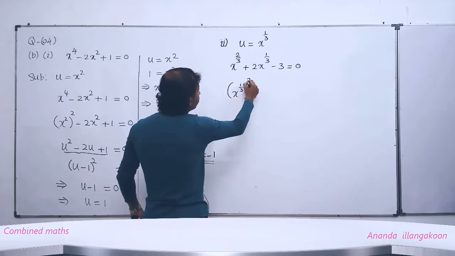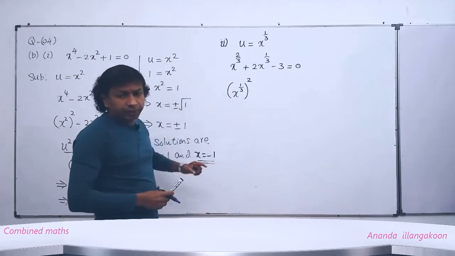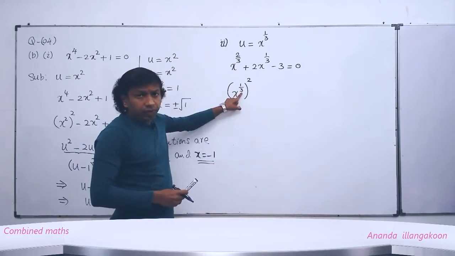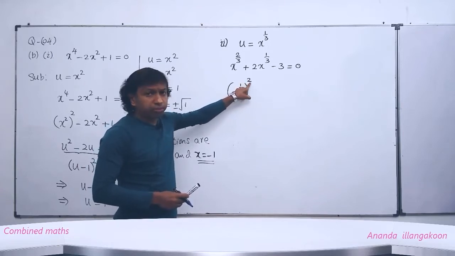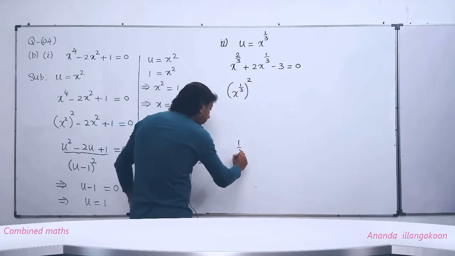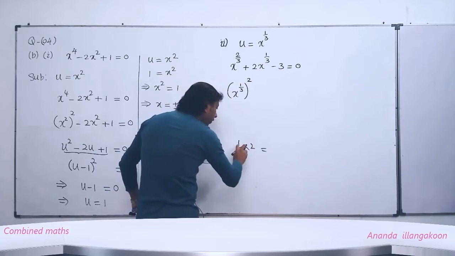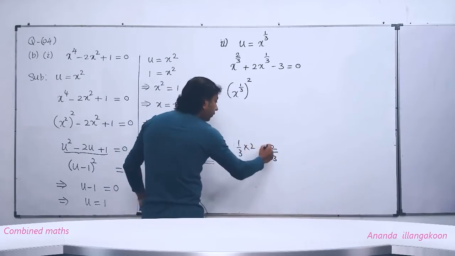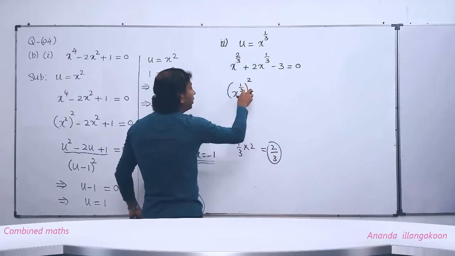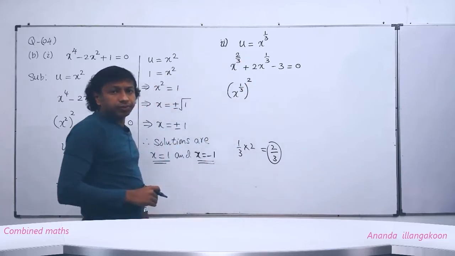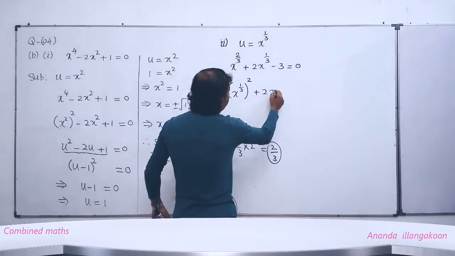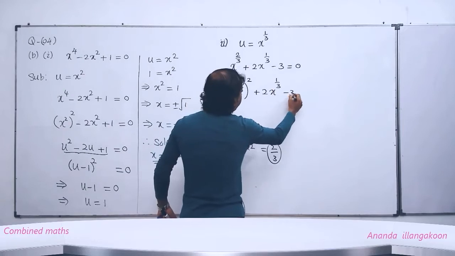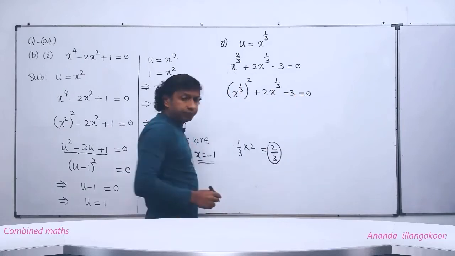When we simplify this, we multiply the inner power 1/3 with the outer power 2. Then 1/3 multiplied by 2, we get 2/3. This power 2/3 comes by simplifying this. Then here, plus 2x to the power 1/3 minus 3 equals 0.